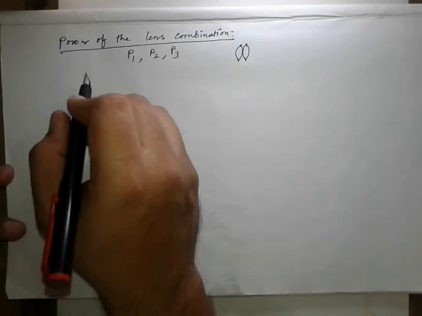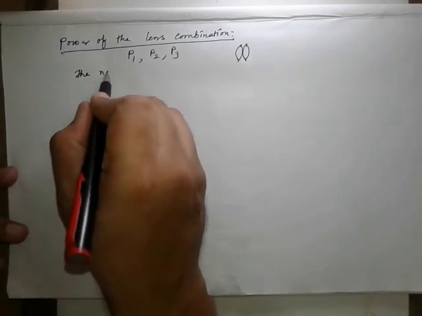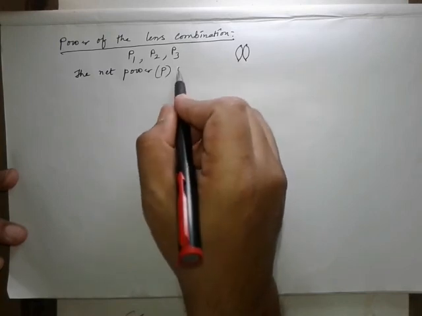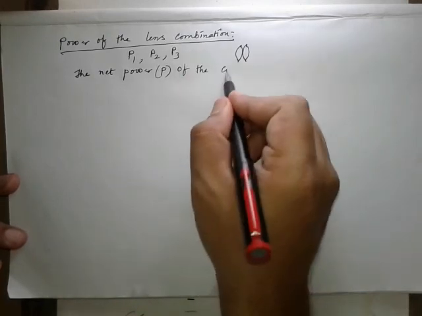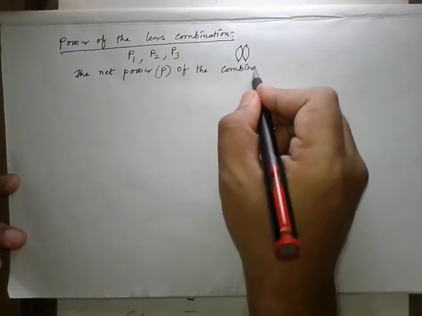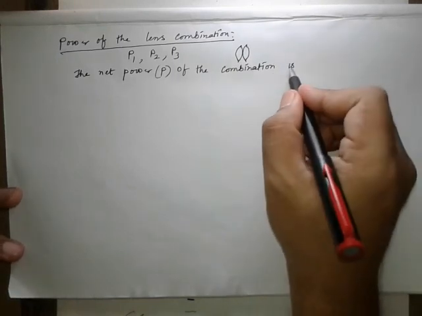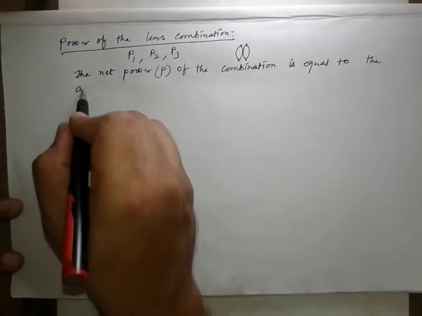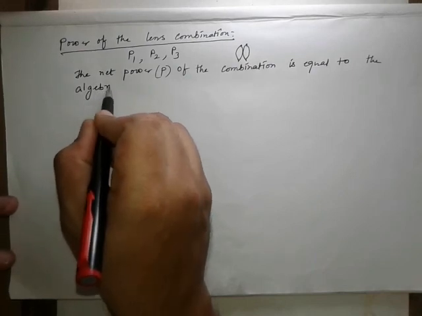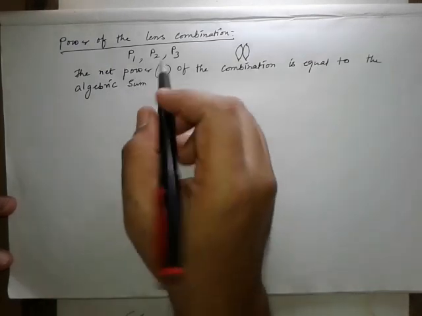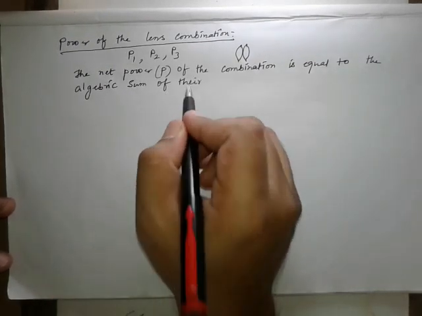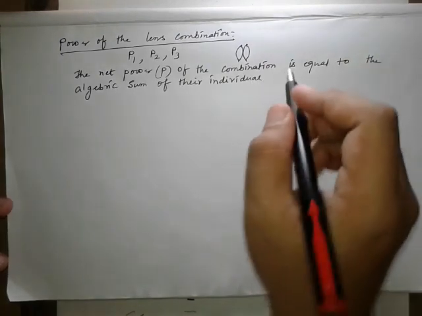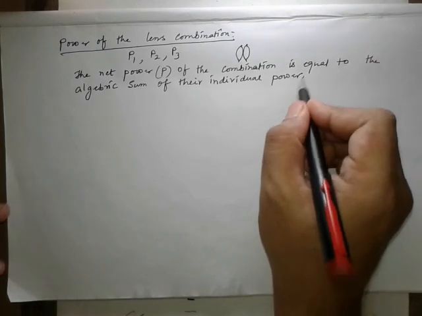So you write down, the net power P of the combination is equal to the algebraic sum of their individual powers.